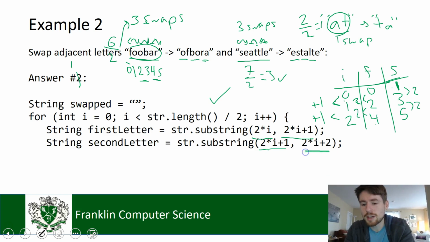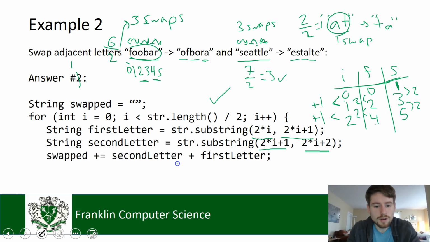And then this is 2 times I plus 2 because it's 1 more than that. And so then what do we need to do? Well, we're grabbing the second letter and putting it in front of the first letter. So we're going to glue them in that order. We're going to glue second letter and then first letter so that we go OF and then glue that to swapped. And that's our whole loop.